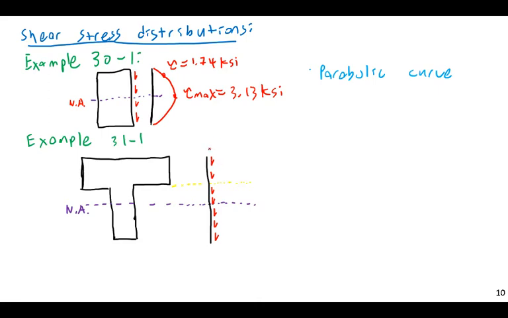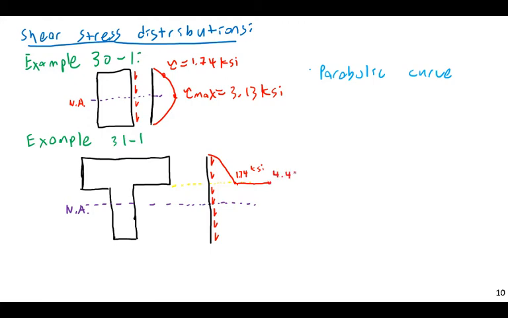Okay, so we'll start with a 0 shear stress at this surface, and then we will parabolically be increasing. We won't have a slope of 0 here, but at this location, where the web begins, we will have 1.74 KSI. Then we will have a jump, a discontinuity, to 4.41 KSI.